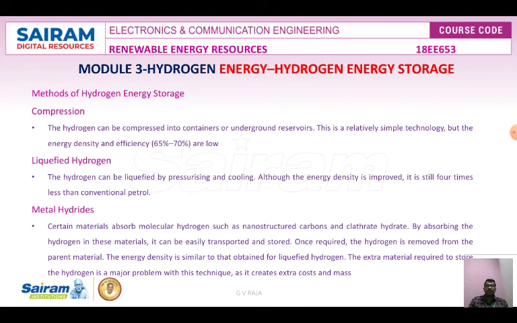The hydrogen is removed from the parent material once it is required, by using a reverse process. The extra material required to store the hydrogen is a major problem with this technique. Carbon-based absorption can be achieved at higher energy density.